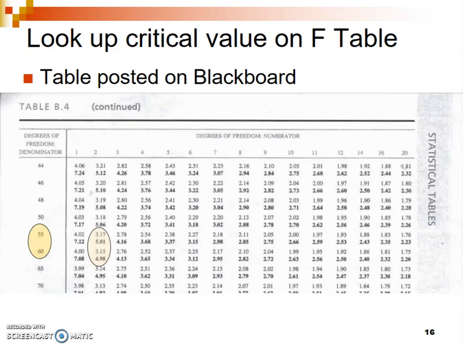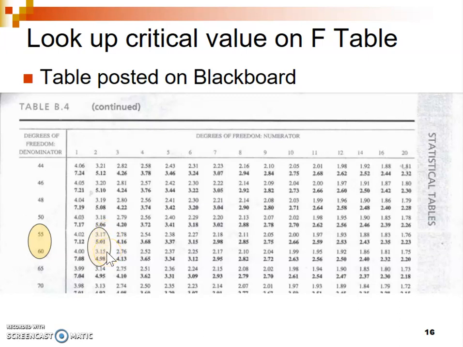So looking at these two non-bolded values, we see that associated with the degrees of freedom of 55 is an F critical of 3.17. And the value associated with a degrees of freedom in the denominator of 60 is an F critical of 3.15. So we're always just going to take whichever of these two values is the bigger number.